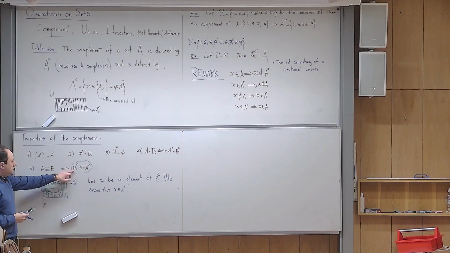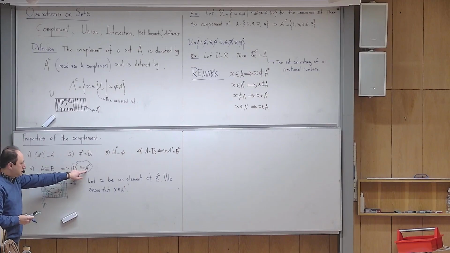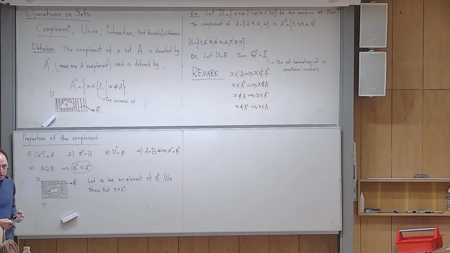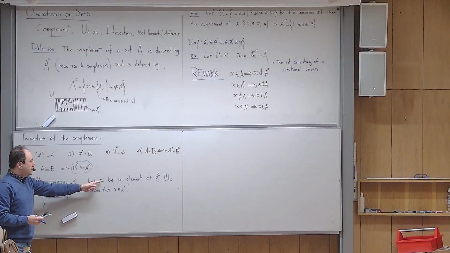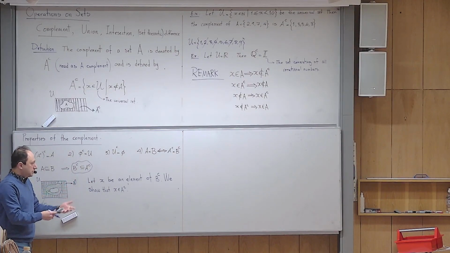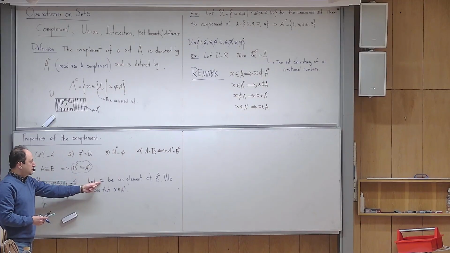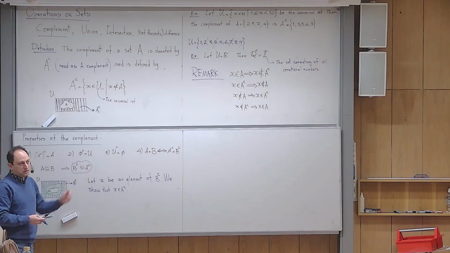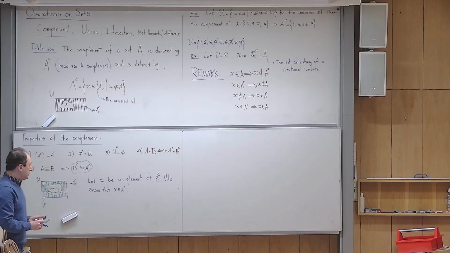Because I want to show this set is a subset of that set. How should I do that? I have to use the definition of a subset. So I would say that choose any element you like from the set on the left and try to convince me logically that that element that you have chosen, whatever it is, is also in the right-hand side set. Okay, how should I do that?